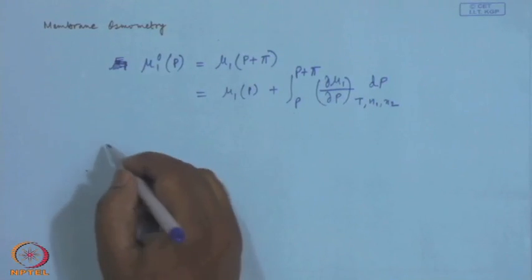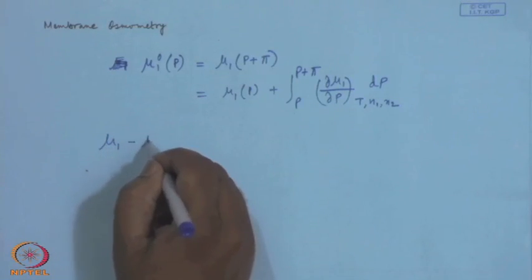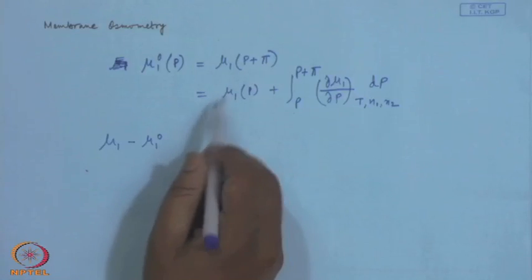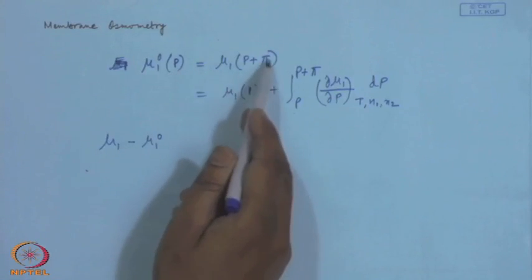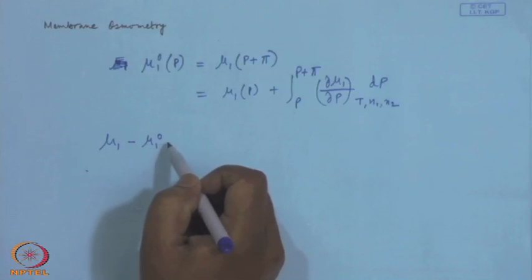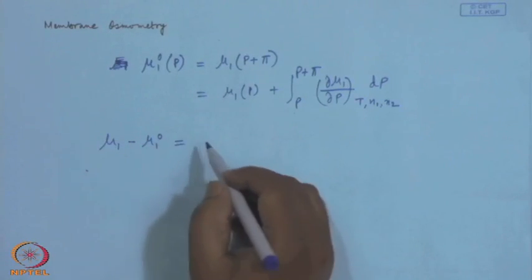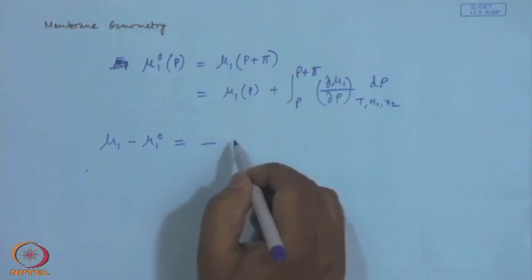So, we can rearrange this. Now, pi is very small, so we can just remove the pressure terms from the bracket.